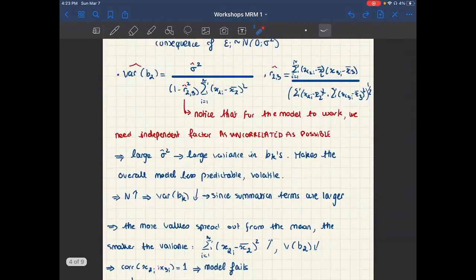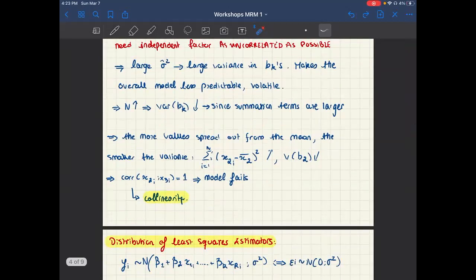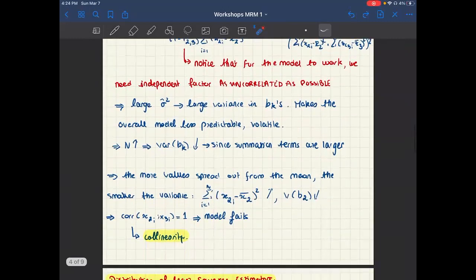Again, the higher the correlation between your independent variables, the less precise your model is going to be, by having a really high variance for B2 and the estimates of your econometric model. So again, I wrote a few notes about this formula.